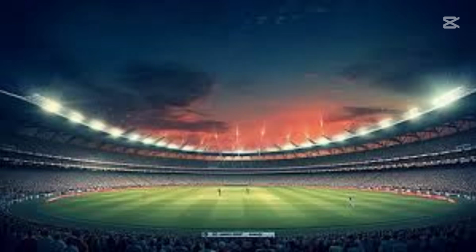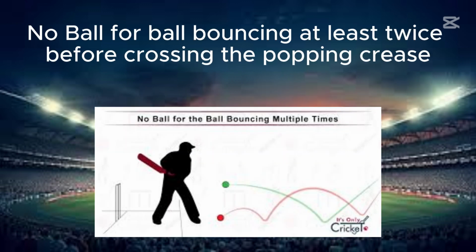Now if a ball bounces twice or more before reaching the batsman's popping crease, it is also called a no ball. Similarly, if a ball doesn't even manage to reach the popping crease, it is also called a no ball or a dead ball by the umpire.